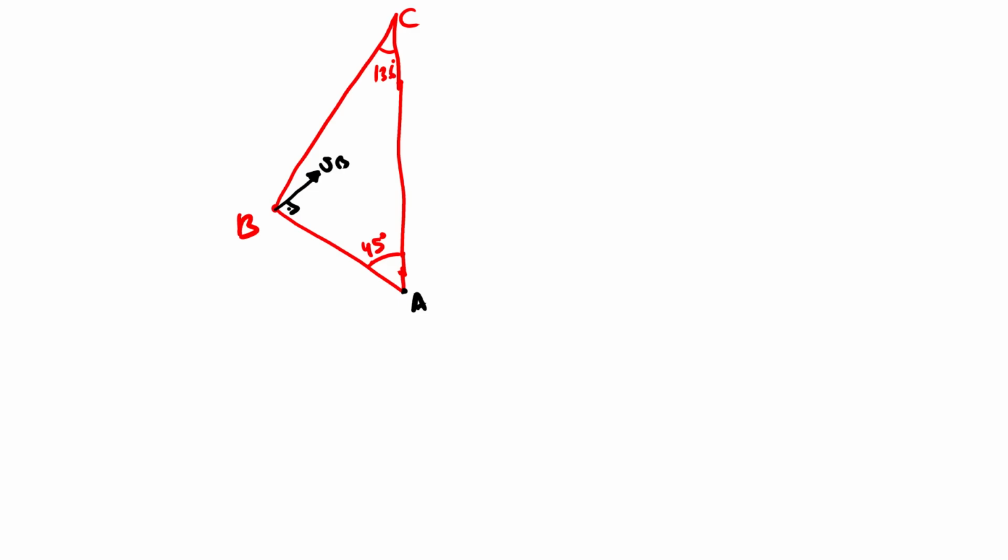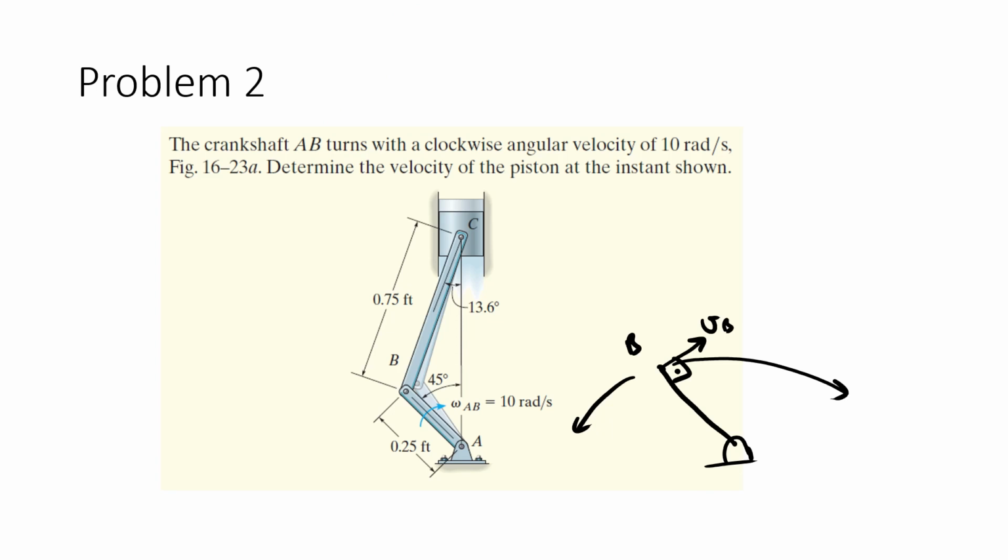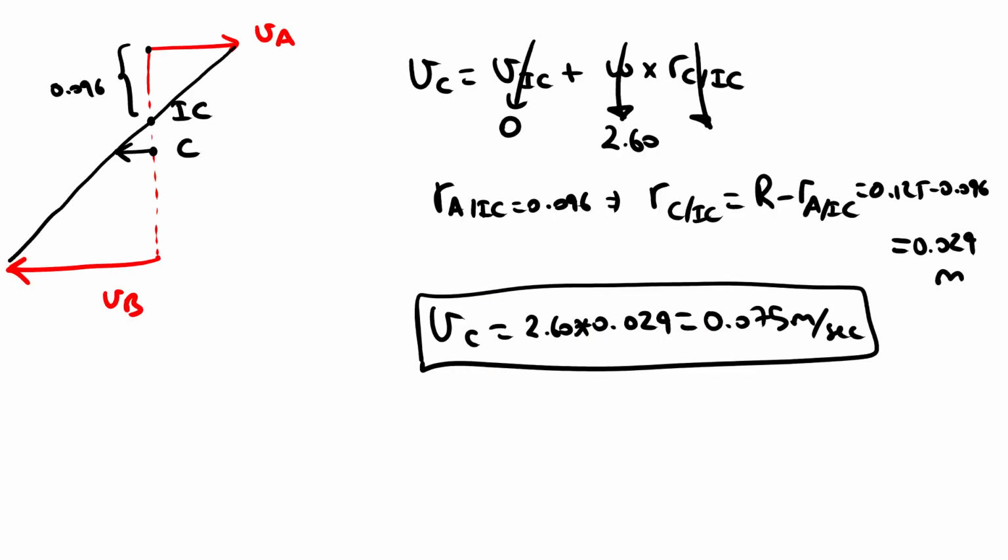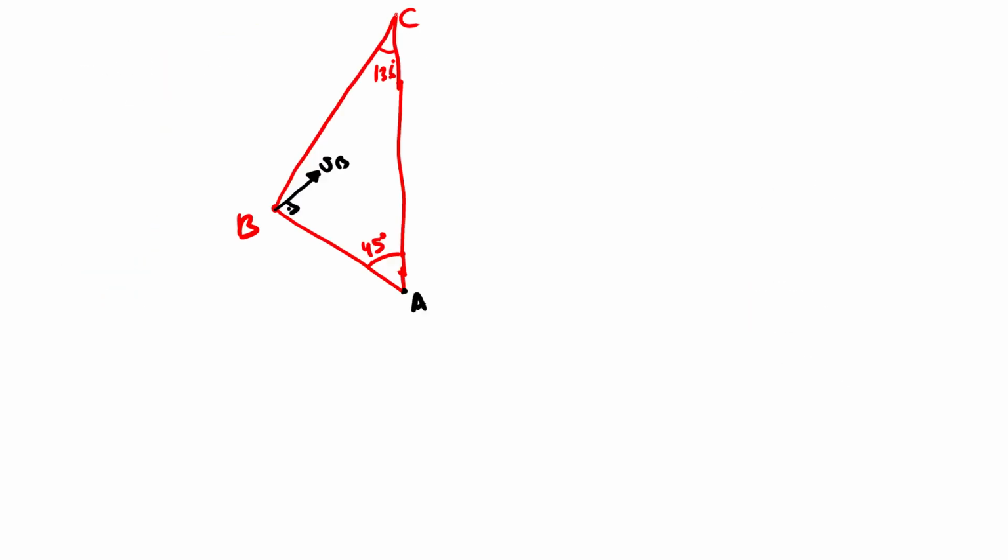And this one is 13.6 degrees. And then C, the piston, moves up and down. As you can see from here, if B moves to the right, then the piston will move up. So I will say that the velocity of the piston, VC, is upwards.